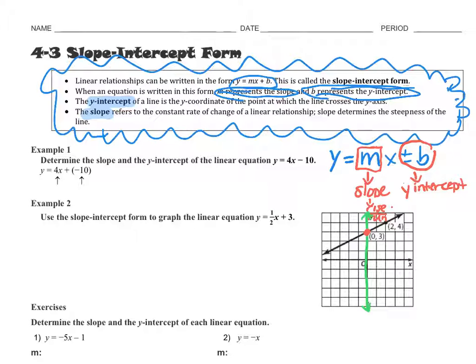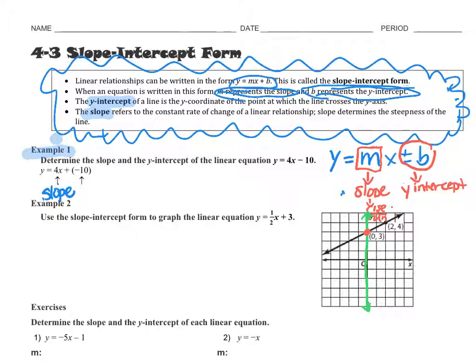For example, let me label this first one example 1. It says y equals 4x plus 10. What is 4, if we look at our labeling over here? Slope. So I'm going to label that as my slope.